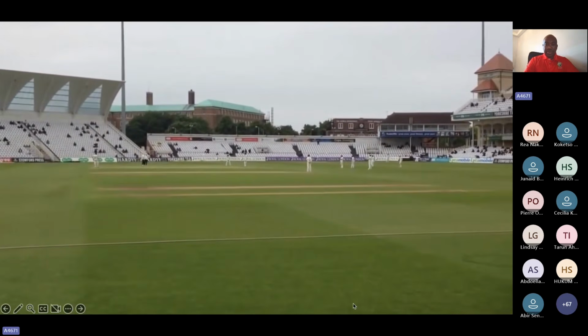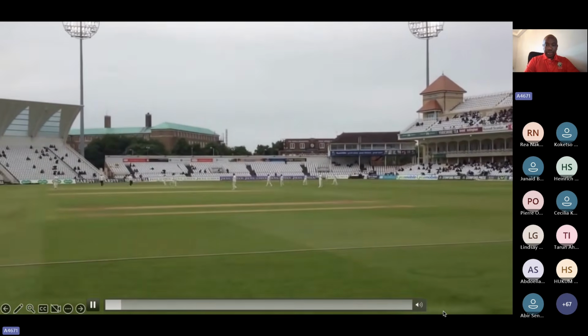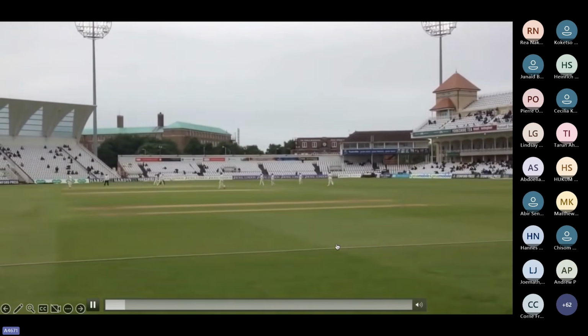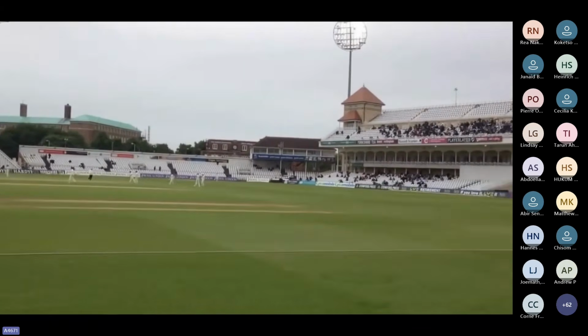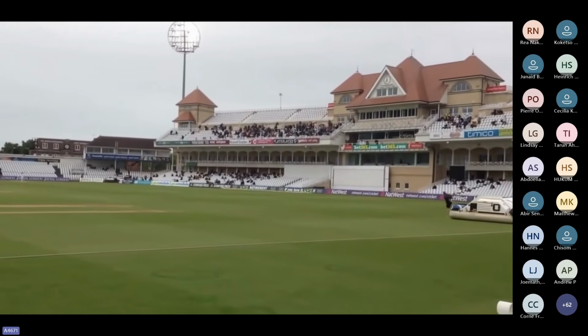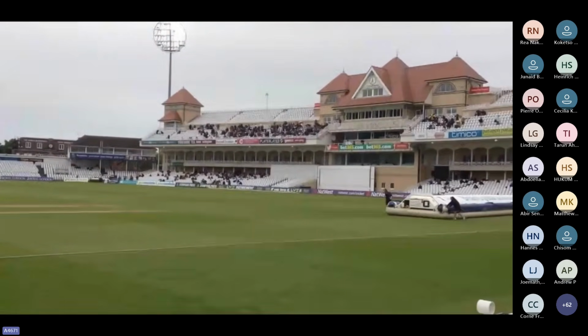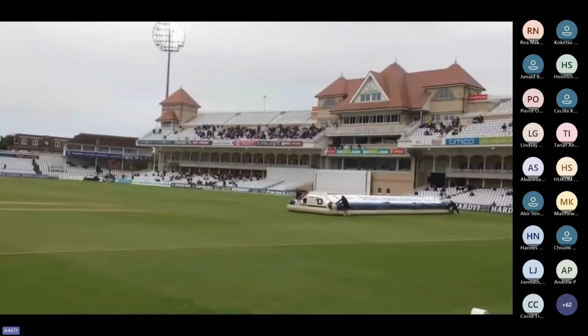This is the scene at Trent Bridge, Nottingham. Second day, the game between Nottinghamshire and Durham. As last week, it started to rain. Special cover being brought into play and brought to the centre to cover the wicket.